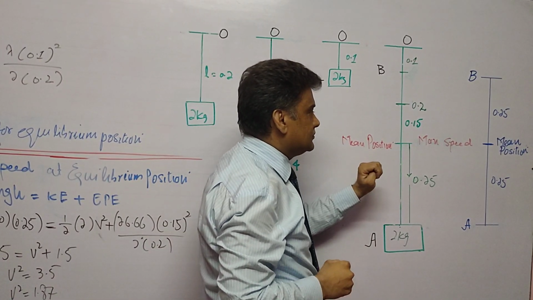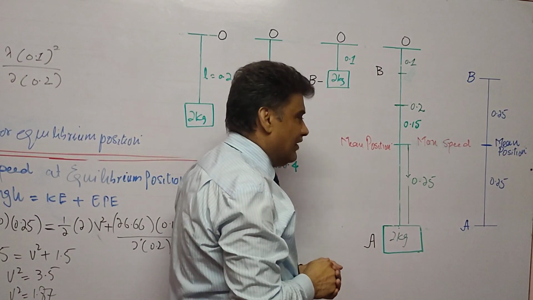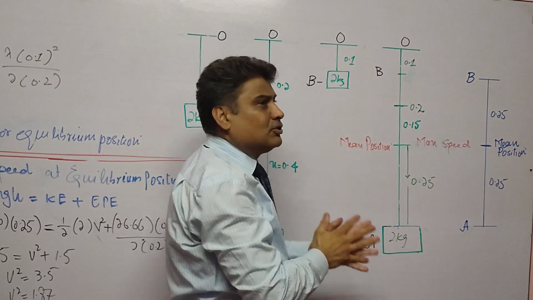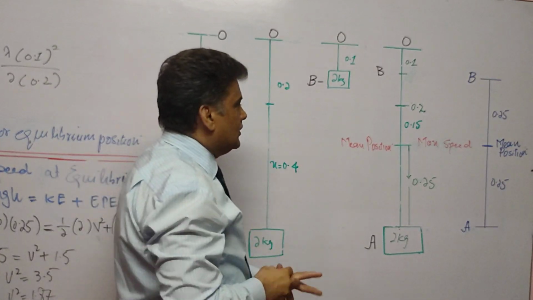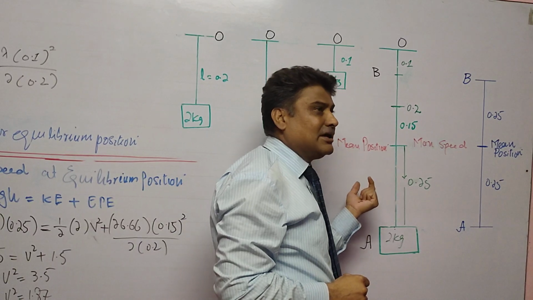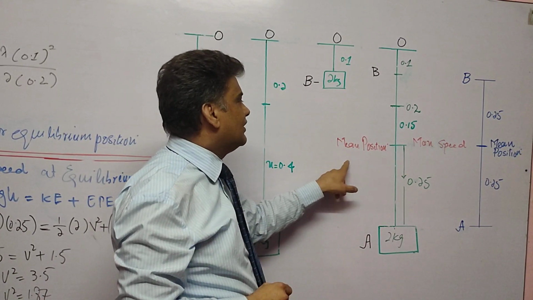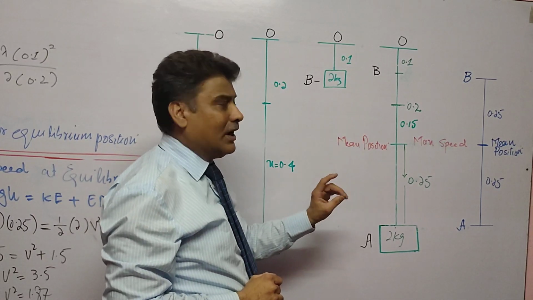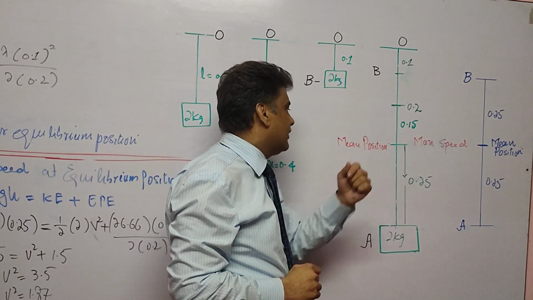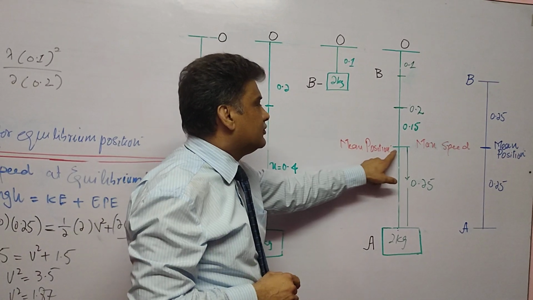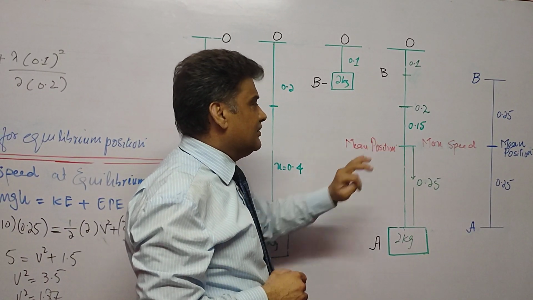You know, when a body is moving in simple harmonic motion or periodic motion, the velocity of the particle will be maximum at its mean position. At this position, velocity of the particle will be maximum, and we have to calculate the maximum velocity of the particle.